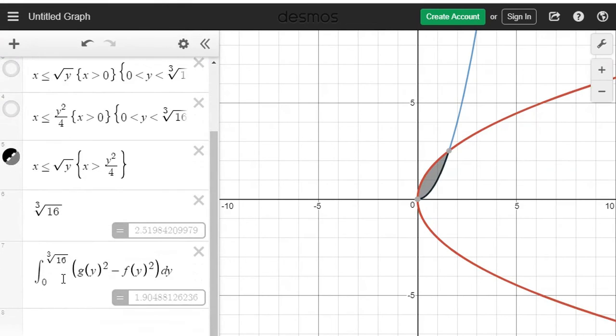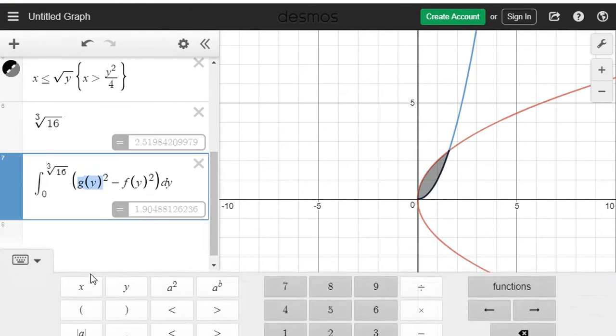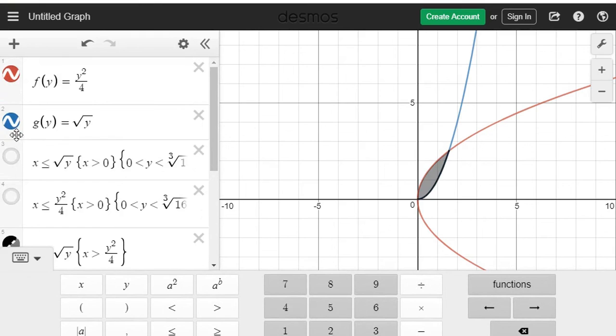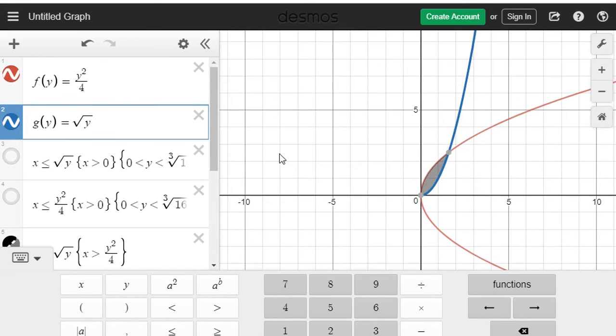But in order to find that volume, I'm going to take the big radius squared, and the big radius is going to be g of y because that's my furthest curve out from the y-axis. From the y-axis all the way out, my biggest radius is the blue one.